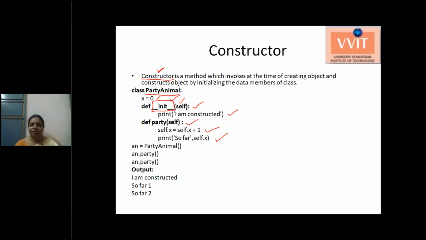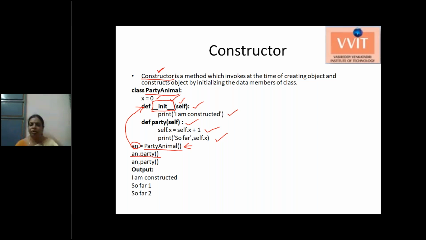Now we are creating the object for the PartyAnimal with two brackets, which creates the object for the PartyAnimal class. Whenever this object is created, it invokes the constructor function. This function is executed and it shows the message I am constructed. Then it creates the object an, and that object you can use to call the remaining functions of the class.